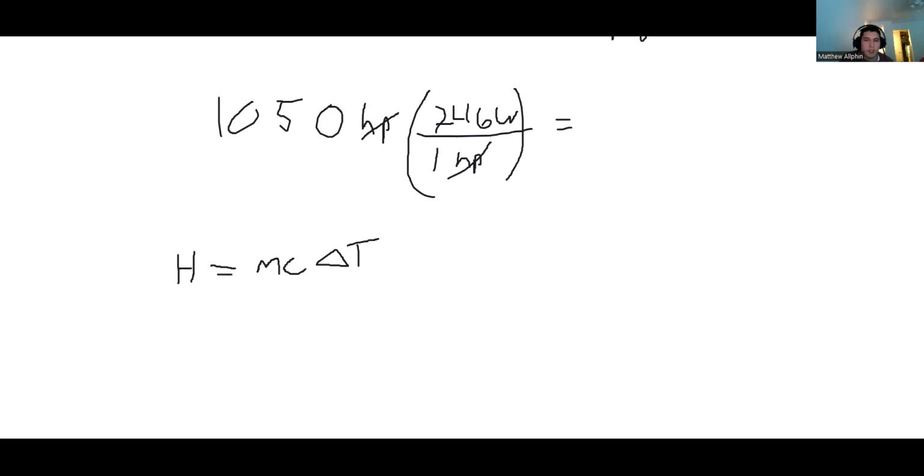I should probably also talk a little bit about what the difference is between heat capacity and specific heat. So heat capacity deals with just if we have a body of something.